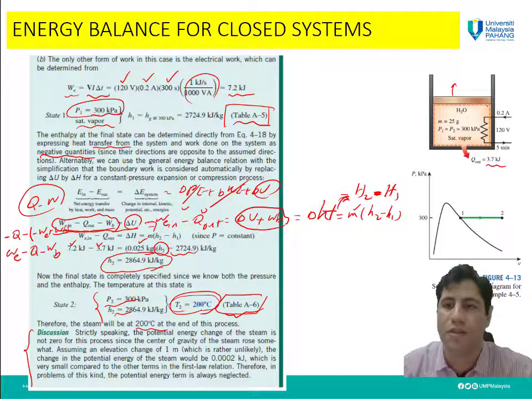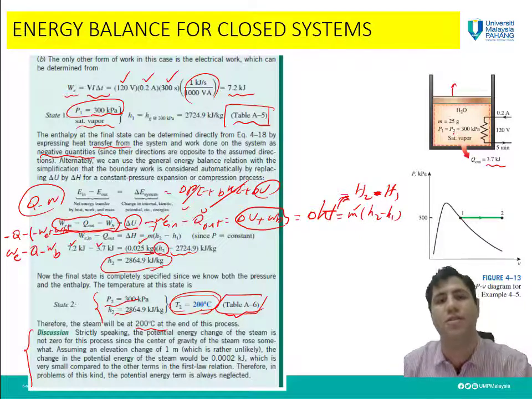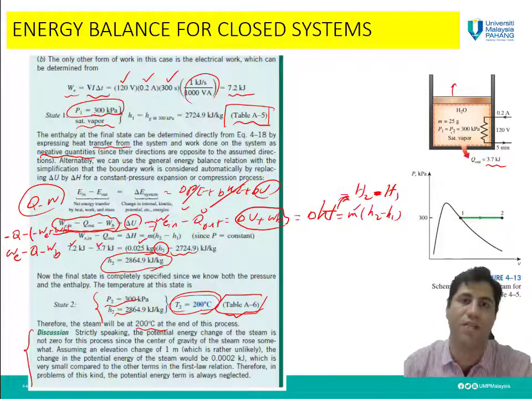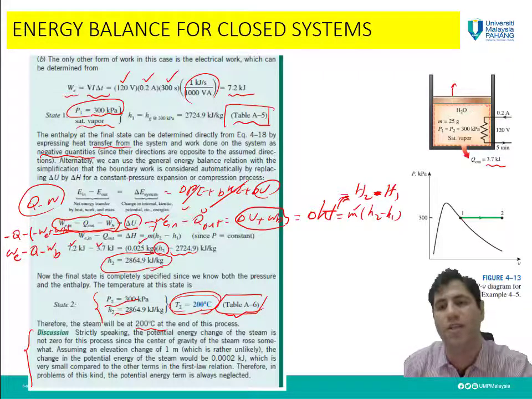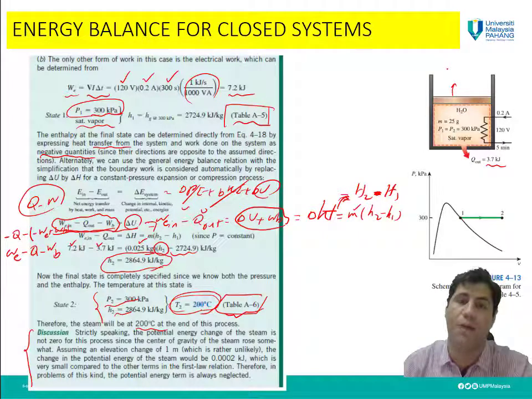Here, if you notice, we introduced this system as a stationary system. In the assumptions, we said that the change in the potential energy is zero for this system, which is the steam or water vapor here. But to be more specific, when this piston goes up or moves upward, this system will change as well, like this.